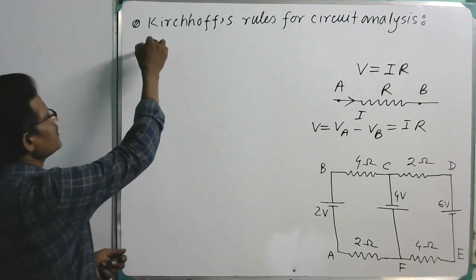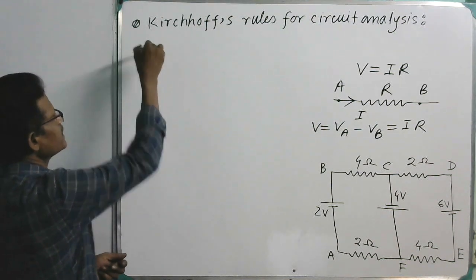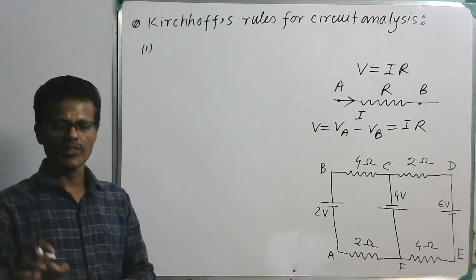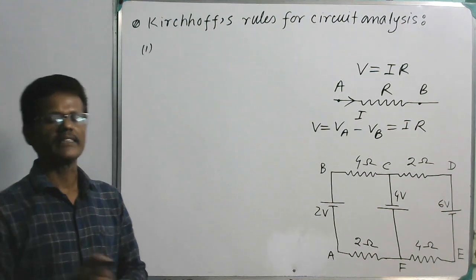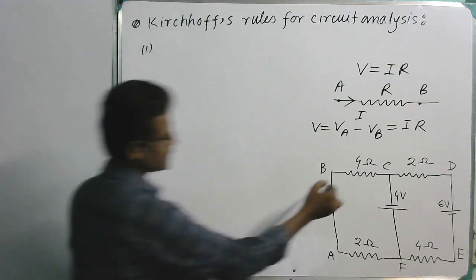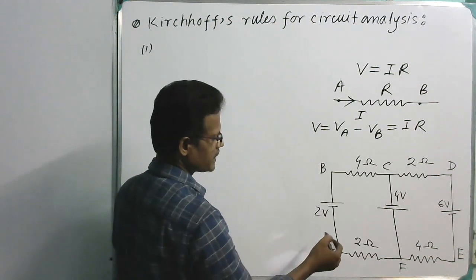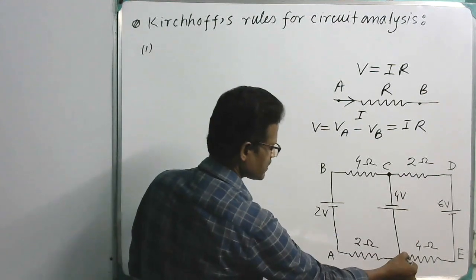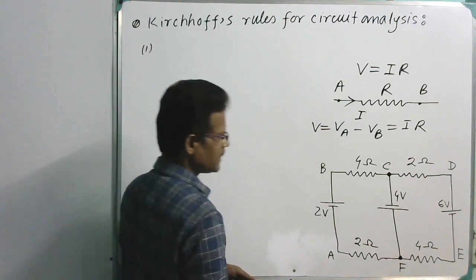One is, what is a junction or node of an electric circuit? See, this is an electrical circuit. This point, and also this one.